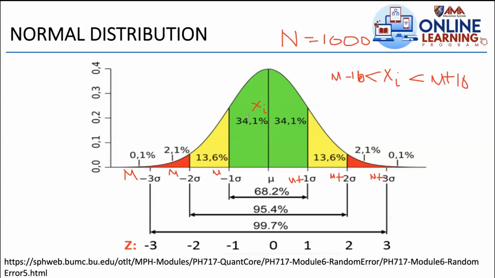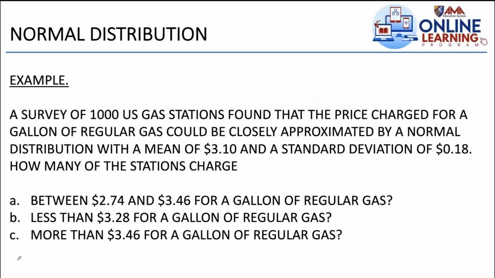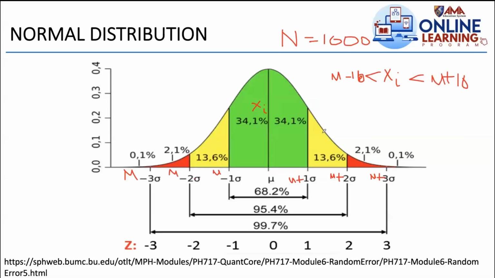So meaning to say 680 of your data out of the 1,000 are located here in the green, and their values are greater than this but less than this. Can be equal, no problem. So that's the meaning here, class, of 68.